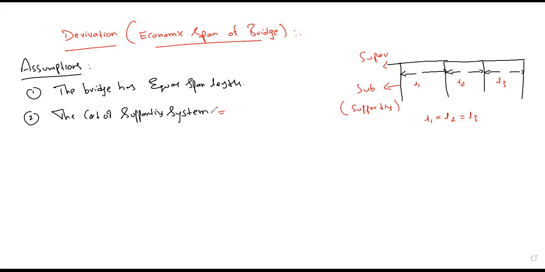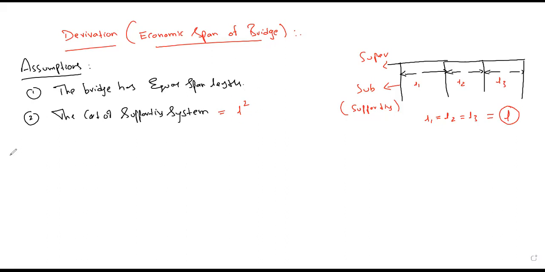All spans are the same, so I can consider the span length as L, with L1 equal to L2 equal to L3. So the assumption is that the cost of the supporting system varies as L square, the square of the span length.